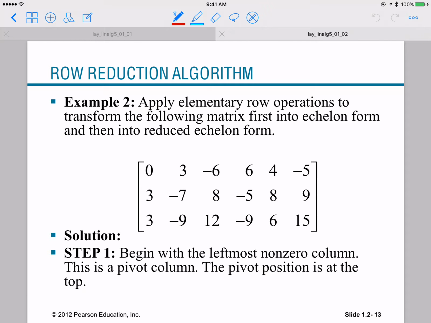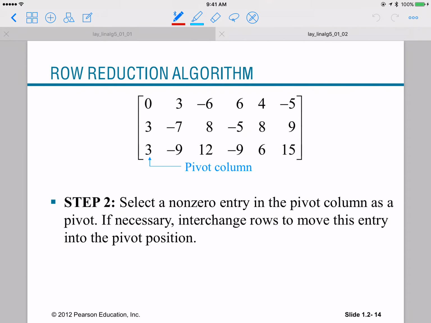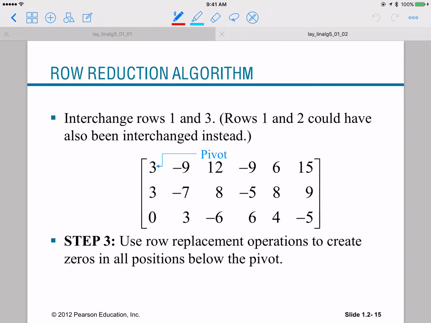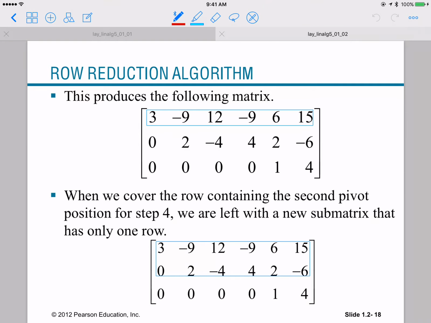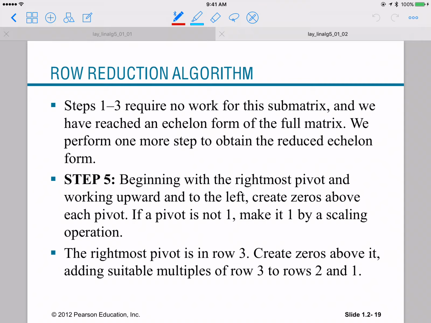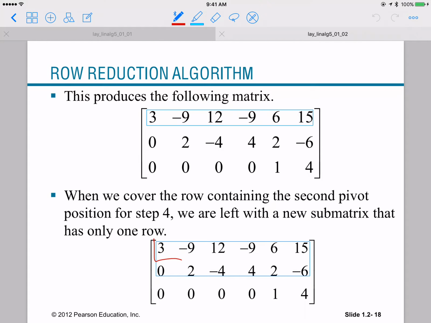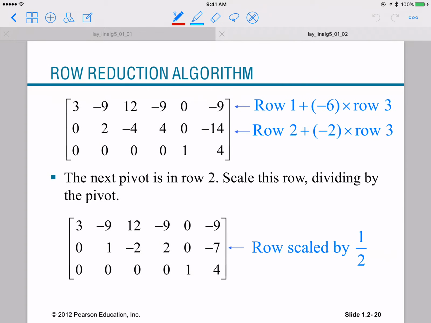Okay, so this is another example. In this case, we created this kind of staircase shape, and then in this example, for those pivots, we look above and create them as 0, right?